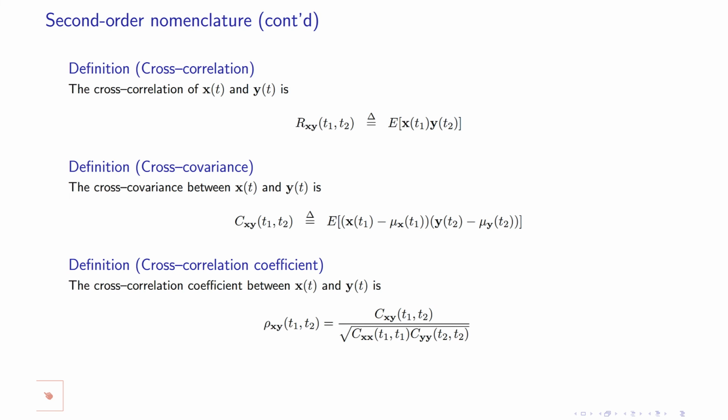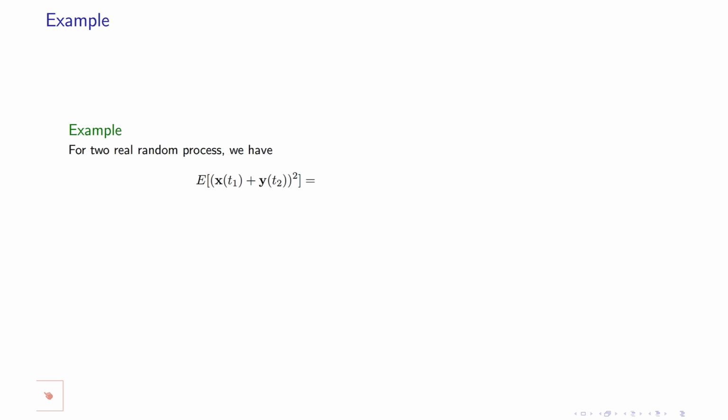Remember that this is a function of t1, t2, this is a function of t1, t2, etc. So all these second order statistics are 2D functions of time. For example, if I have two random processes, if I take a sample from the first one at time t1 and the second sample at time t2, and calculate this one, I could expand it. So I get x of t1 to the power of 2 plus y of t2 to the power of 2 plus 2 times x of t1 and y of t2.